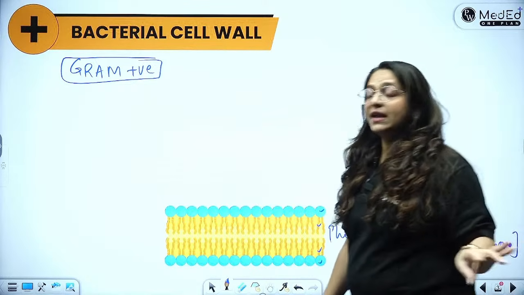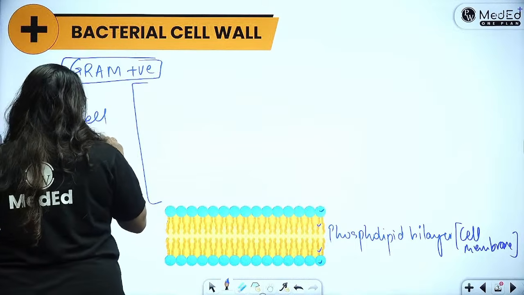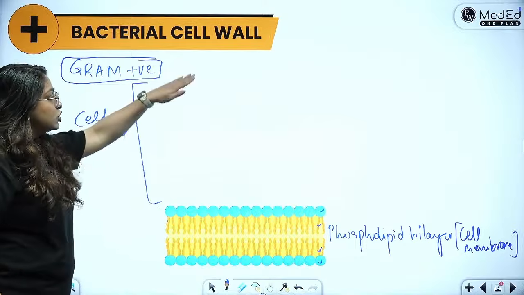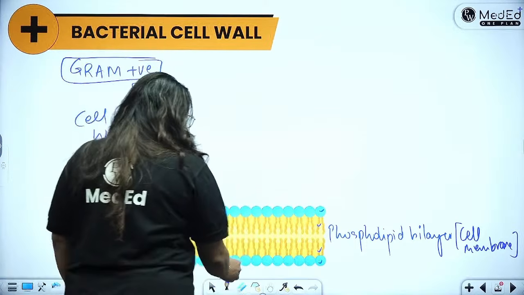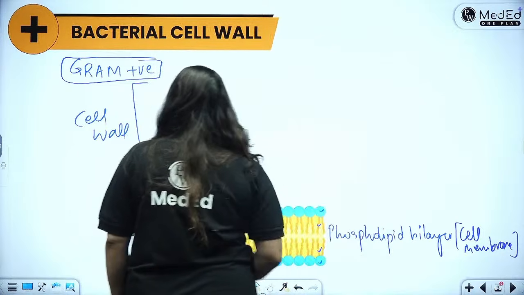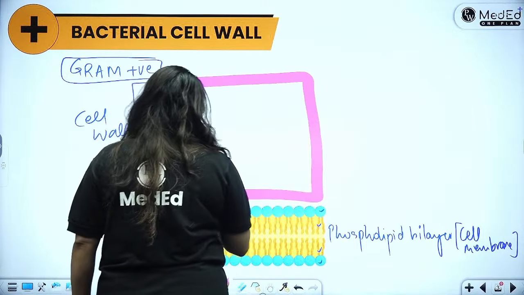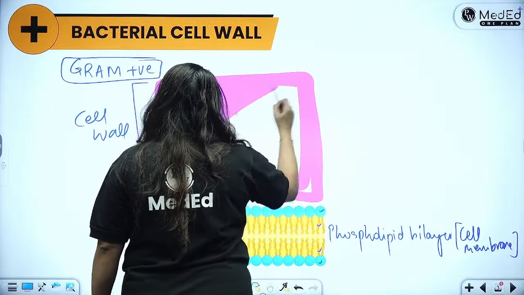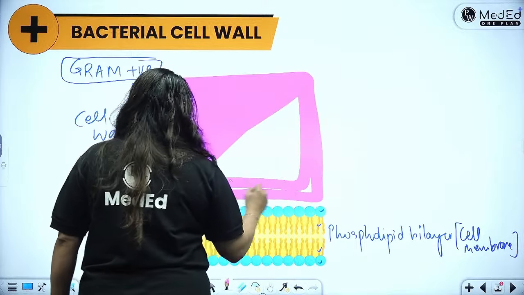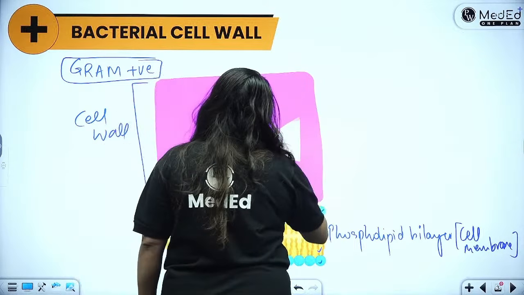Now, everything which is above the cell membrane is going to constitute my cell wall. It's very simple actually, because the cell wall of gram-positive bacteria does not contain much. It only contains one major thing, which is the very thick peptidoglycan layer, and that is the reason why gram positive bacteria are gram positive.